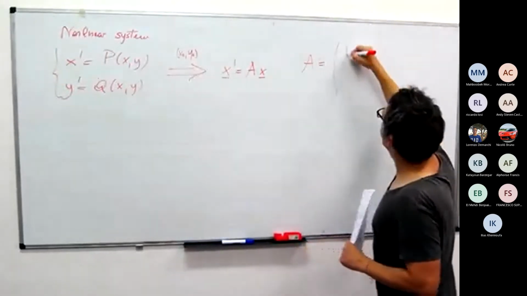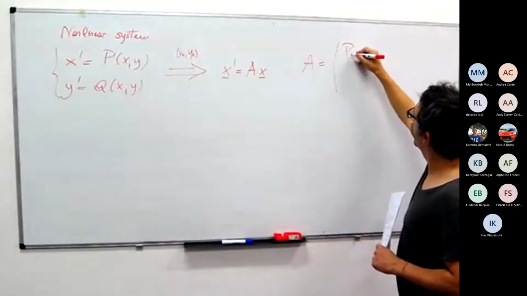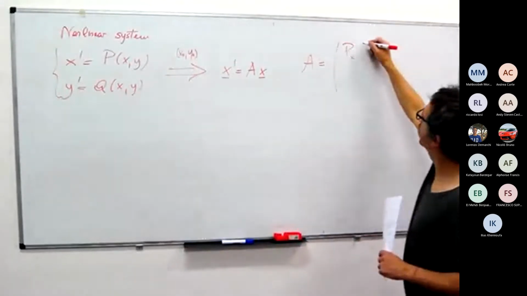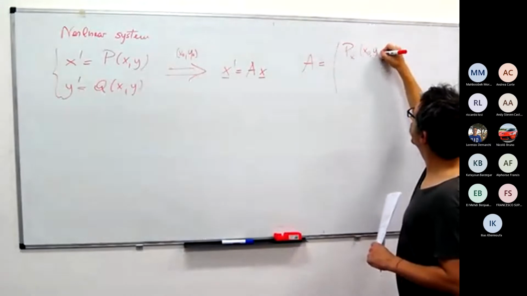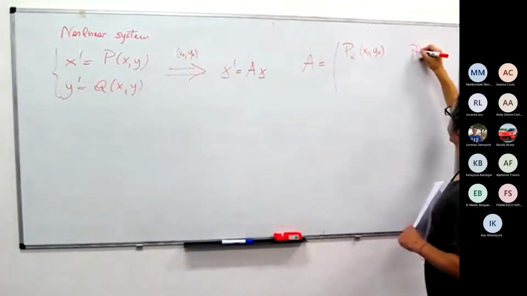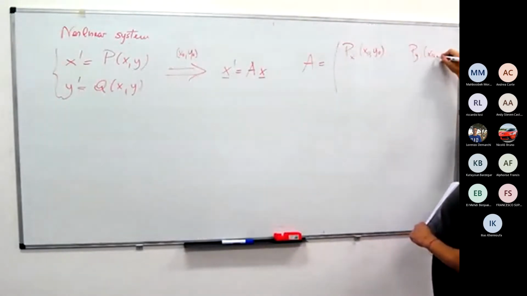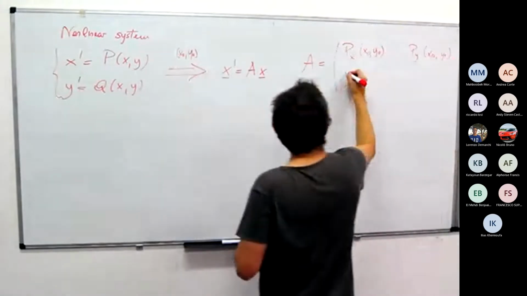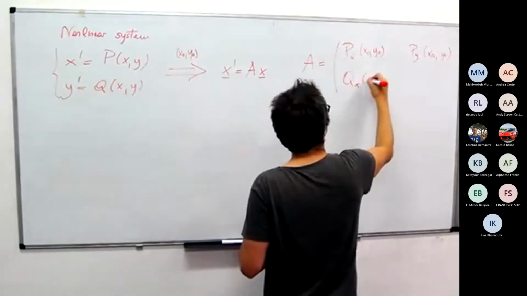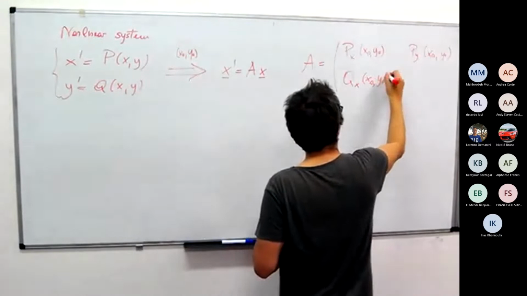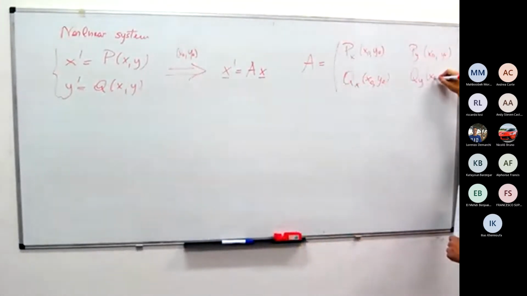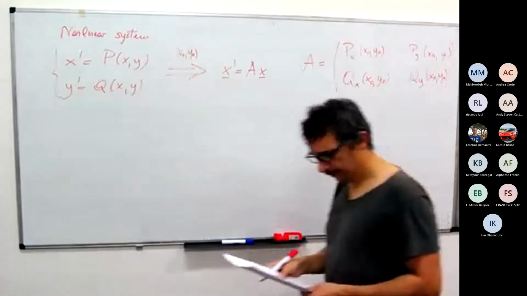It's a matrix which has the partial derivative of P with respect to X calculated in X naught Y naught, then Py calculated in X naught Y naught, then Qx and Qy calculated in X naught Y naught. And this is 5.